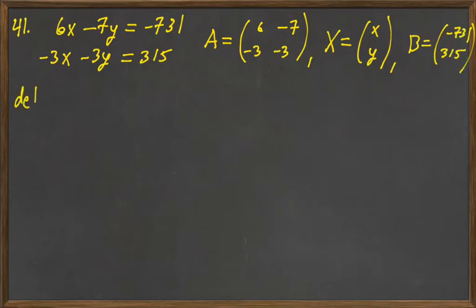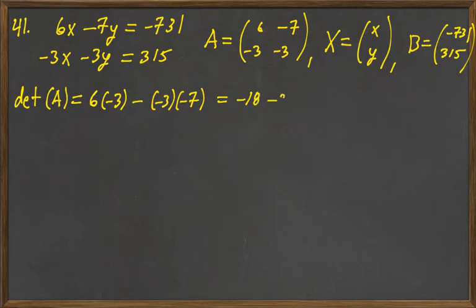So we'll go find the determinant. So 6 times negative 3 minus negative 3 times negative 7. So we get negative 18 and minus 21. So we get negative 39 as our determinant.